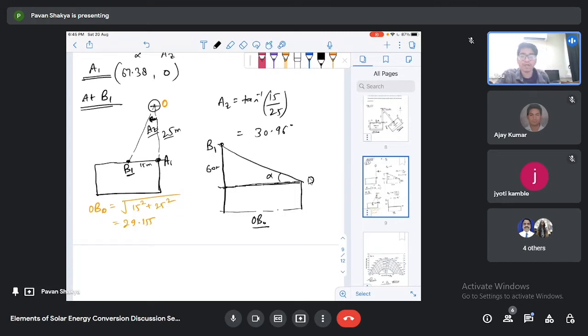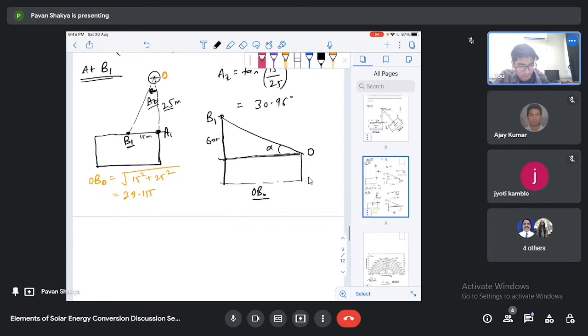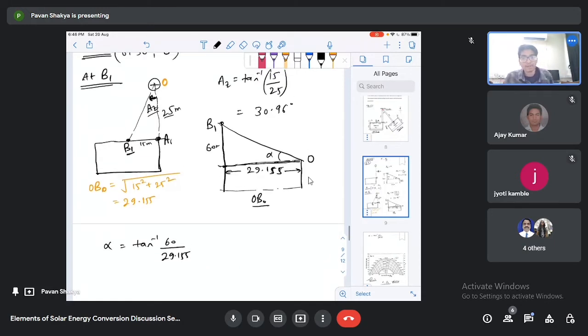Okay, so now we have to calculate the angle alpha. There we can write alpha is equal to tan inverse of 60 upon this length OB0, that is 29.155. Anyone has any doubt about how it is 29.155? If you have any doubt, then I can resolve, else I will move forward.